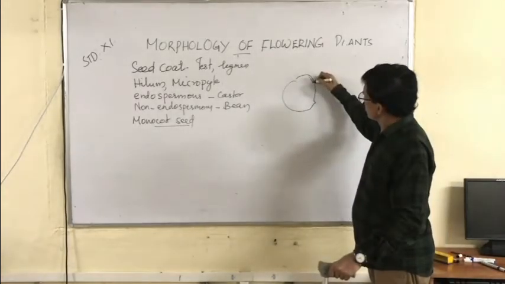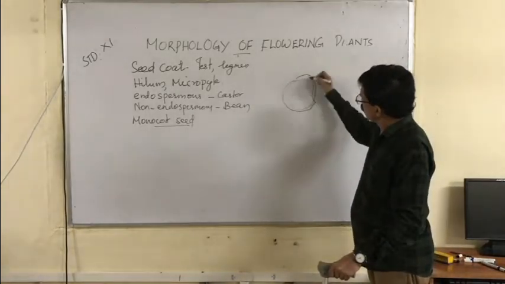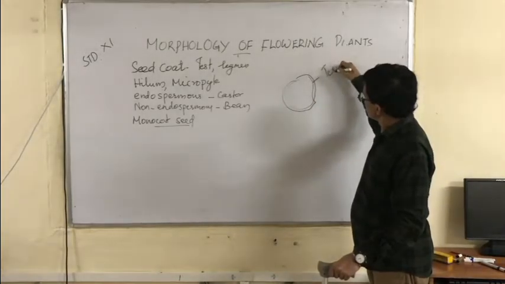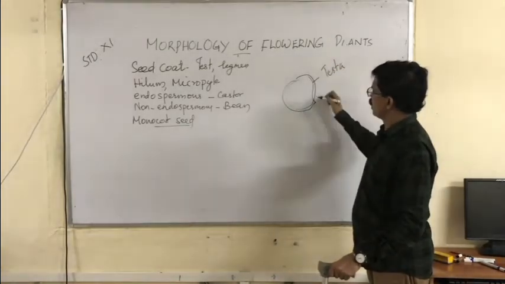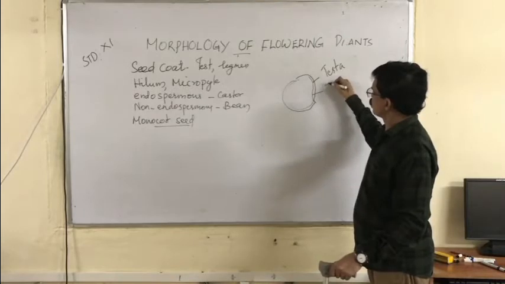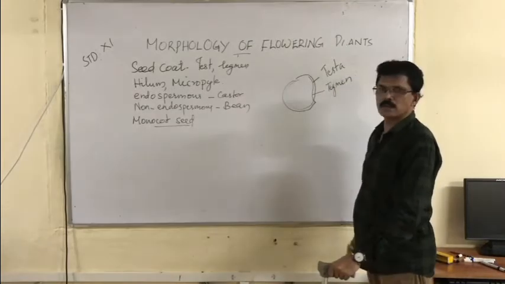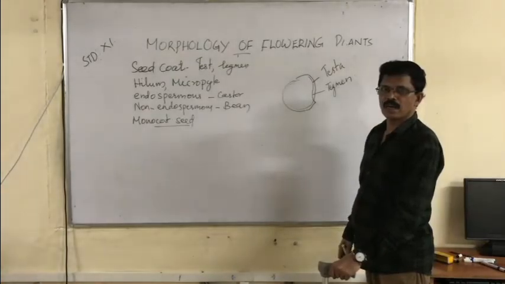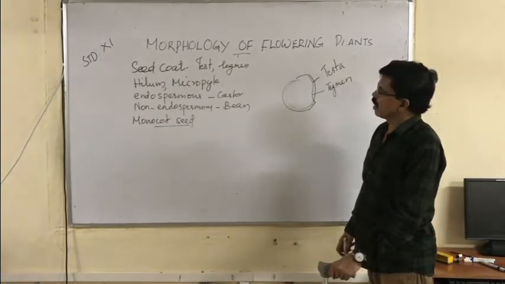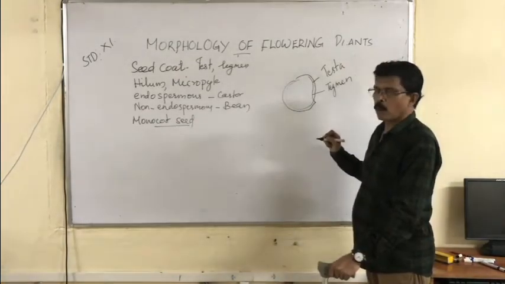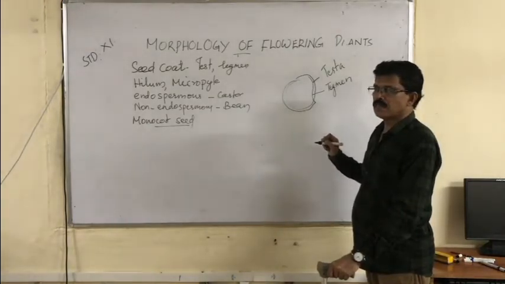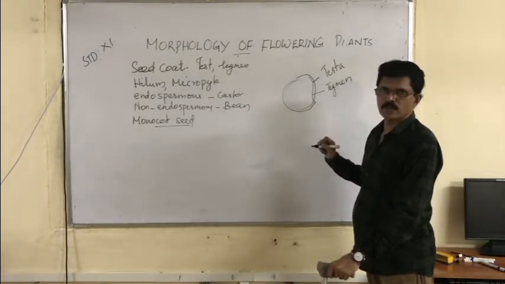The outer covering of the seed is called testa, and the inner covering is called tegmen.